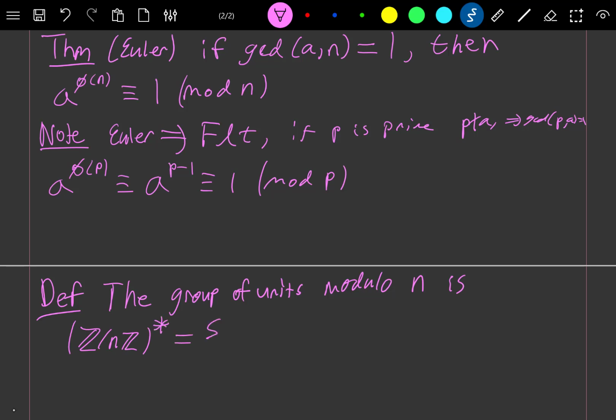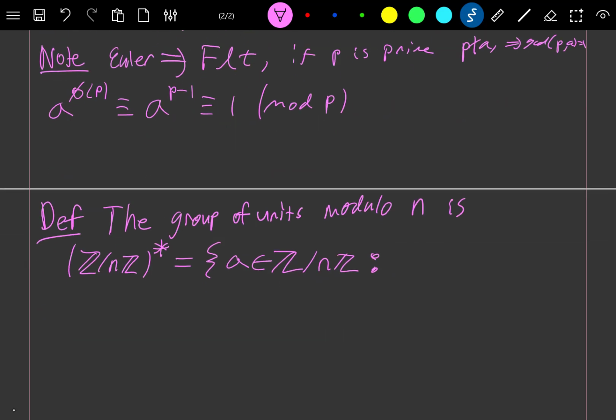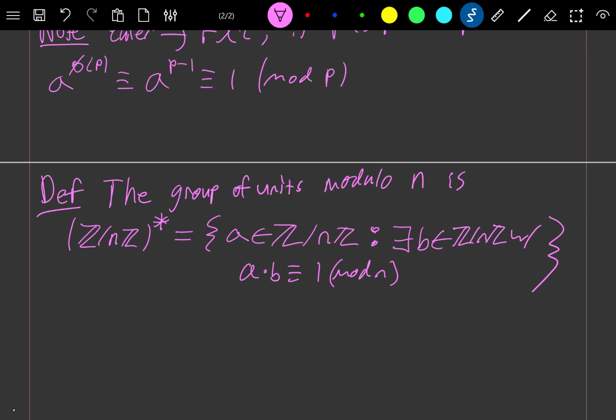This is just going to be the set of elements, or you should think of these as equivalence classes, in Z mod nZ such that it's a unit, which means it has an inverse: there exists some b in Z mod nZ with a times b equivalent to 1 modulo n. This is the set we're going to study.